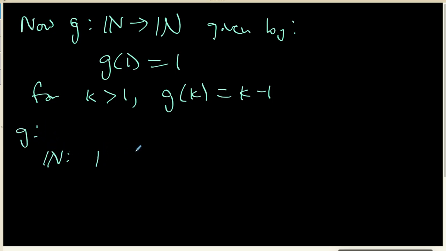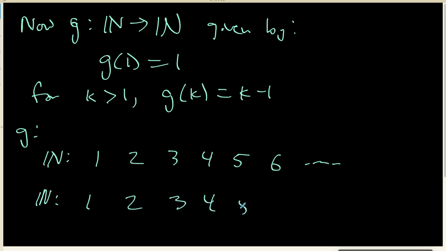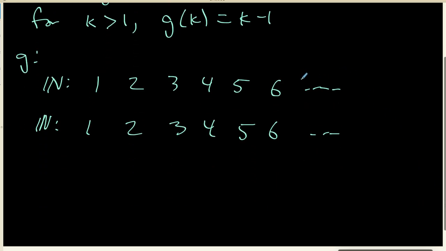Again, I'm going to have 1, 2, 3, 4, 5, 6, and so on. And my second copy of N is going to look like 1, 2, 3, 4, 5, 6, 7, and so on. The mapping is going to look like this.